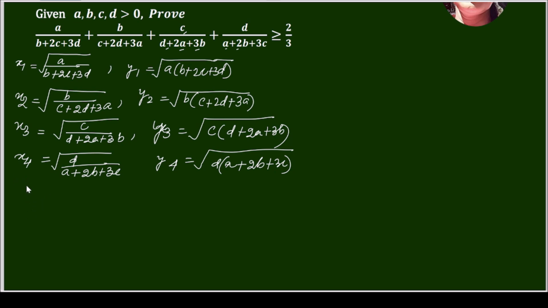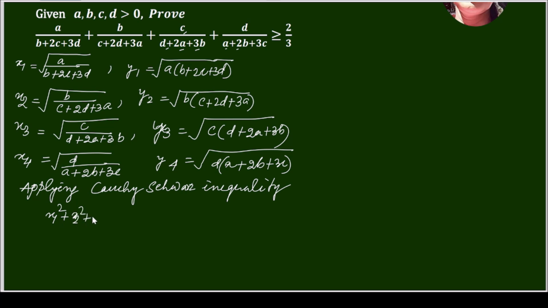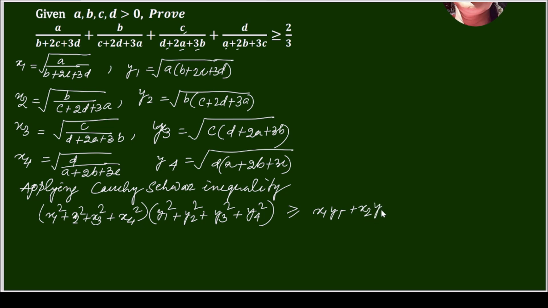Now I am applying Cauchy-Schwarz inequality: x1 square plus x2 square plus x3 square plus x4 square, all multiplied by y1 square plus y2 square plus y3 square plus y4 square, is greater than or equal to x1 y1 plus x2 y2 plus x3 y3 plus x4 y4, whole square.